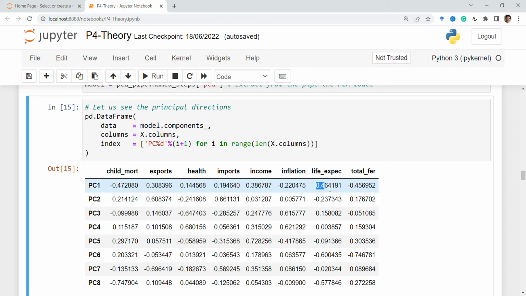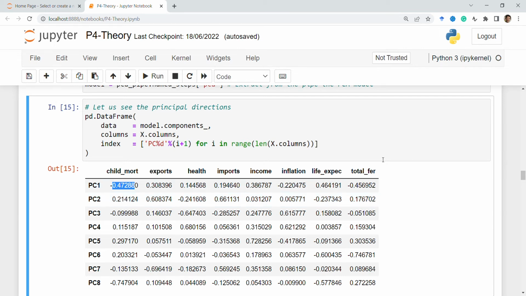You need a high life expectancy, and then you need a low total fertility. A low total fertility will be below the average, and then you have a negative value times another negative value. You will have a positive contribution to this projection, and the same for the child mortality. So you need to have high income, high life expectancy, low fertility, and low child mortality, and then you will project a high positive value.